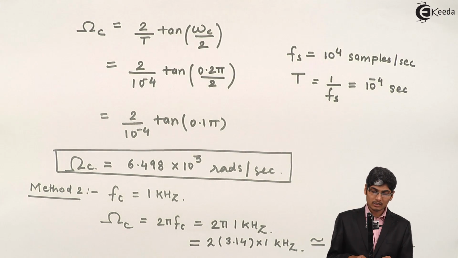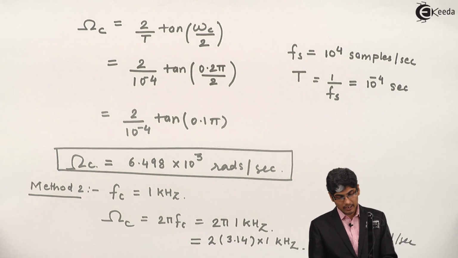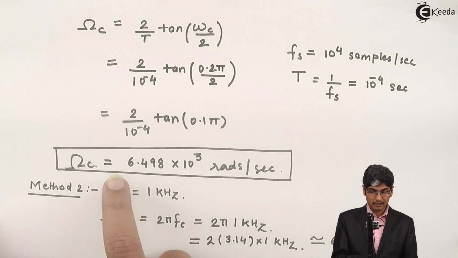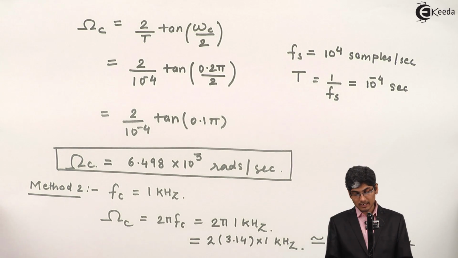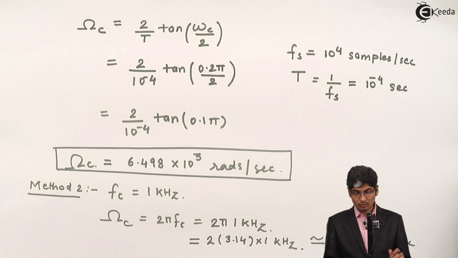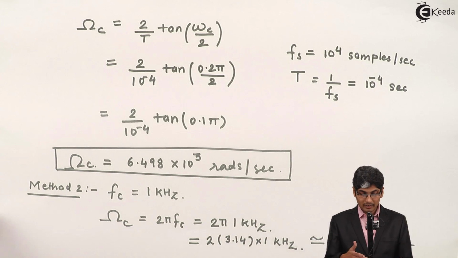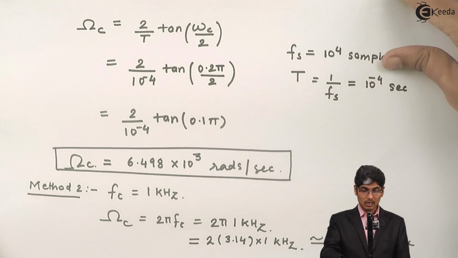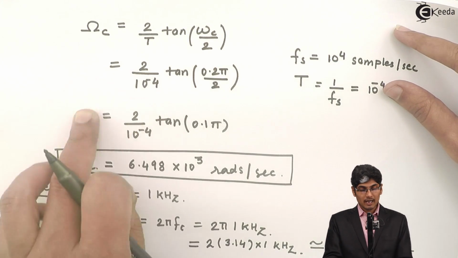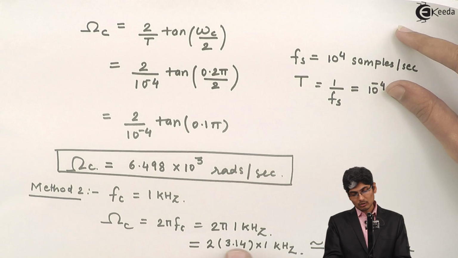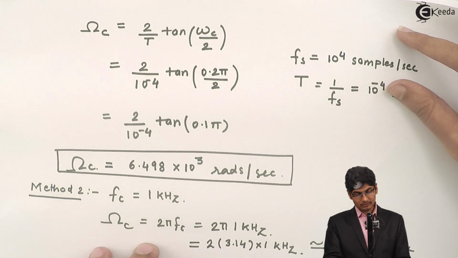So we have 6.28 kilo radians per second by this, and by the other calculation we are getting 6.498 kilo radians per second. So there is not much difference between the two in this case, but both the methods are correct. Any one you can use. Either you can find omega c and then get the analog frequency, or you can use the given corresponding frequency and find the analog frequency.